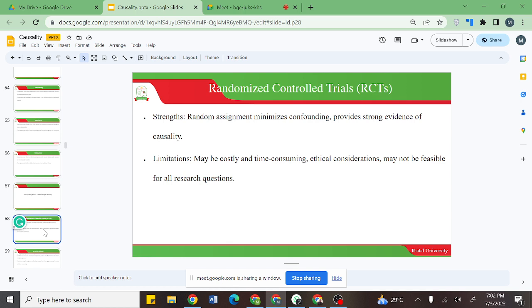The exposure. But the individuals who go to either the control group or the intervention group have to be assigned to those groups randomly. So random assignment is very important. That's why we call them randomized control trials.